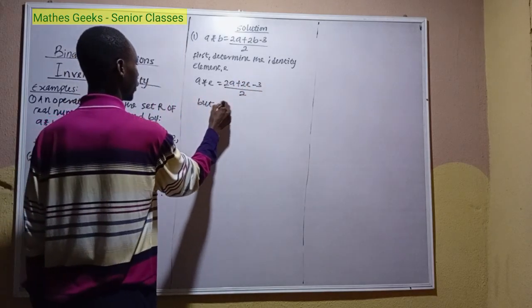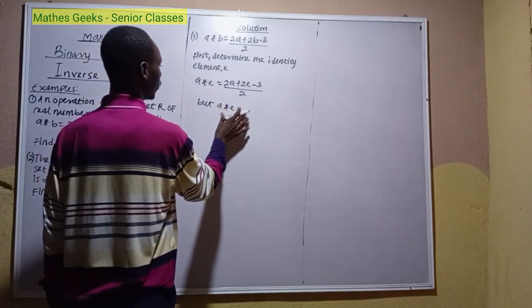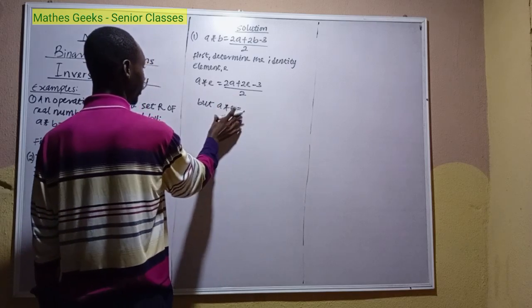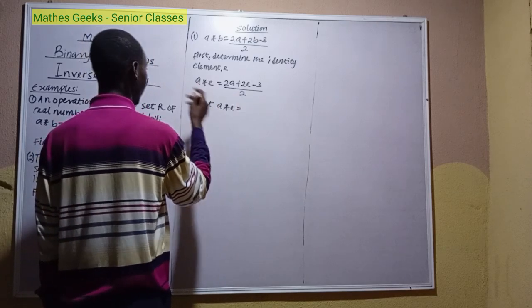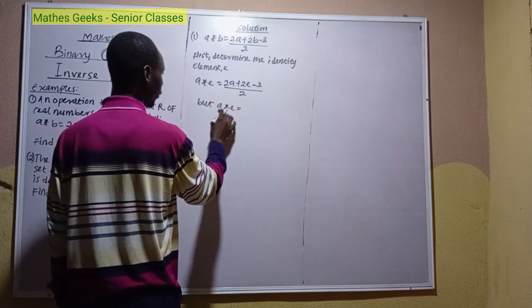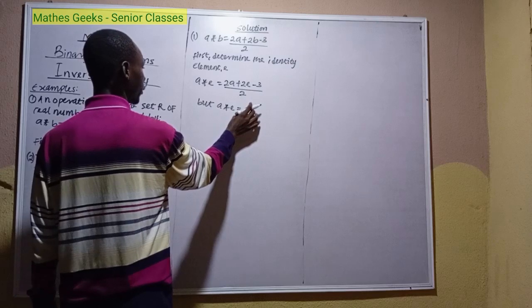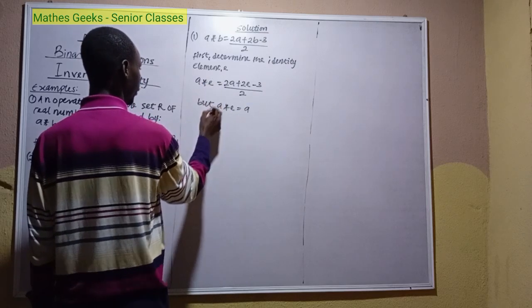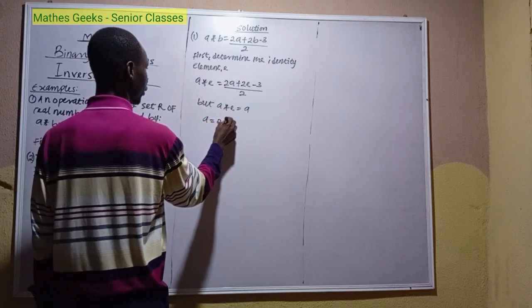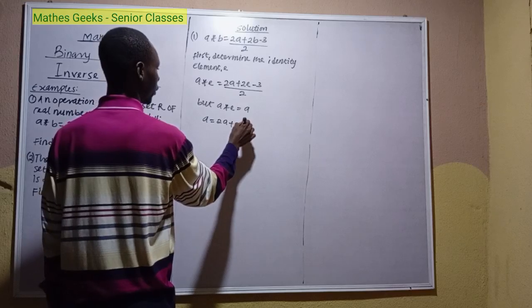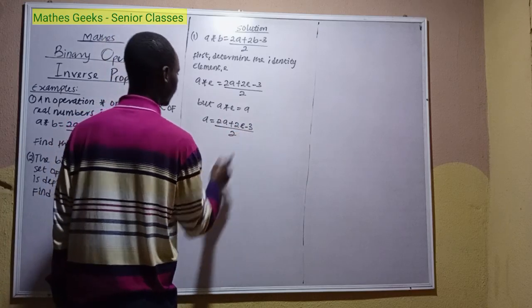But the rule of the identity property, or what identity property means, is that A operation E will give us A. So that means E operation E is equal to E. So E is equal to 2E plus 2E minus 3 over 2.